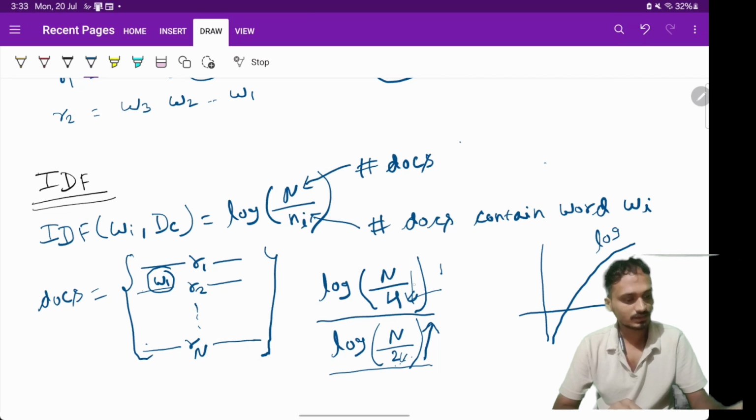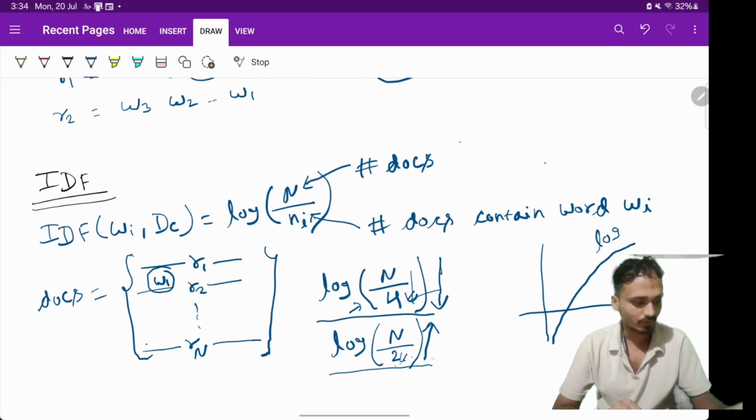If this is lower, this log will also be lower. That means in this scenario, w1 is less important for that particular review's classification. Let's say it's a classification task. So for that review it will be less important, and here we will have more importance.